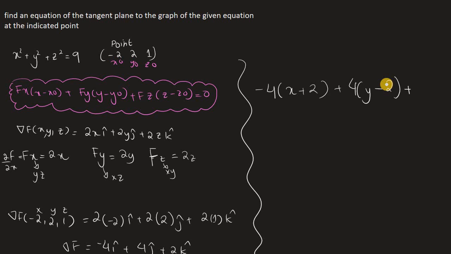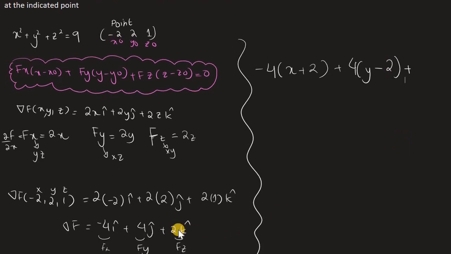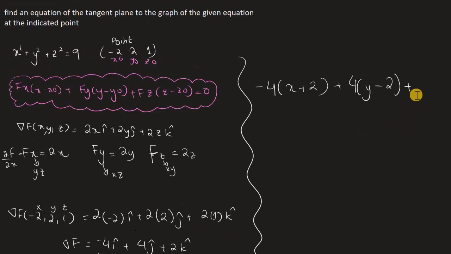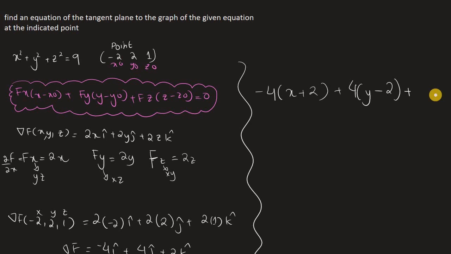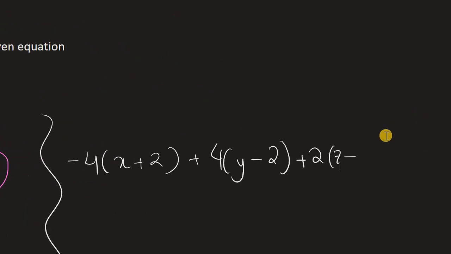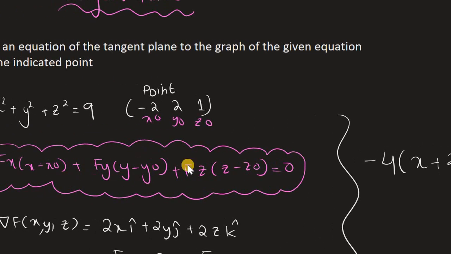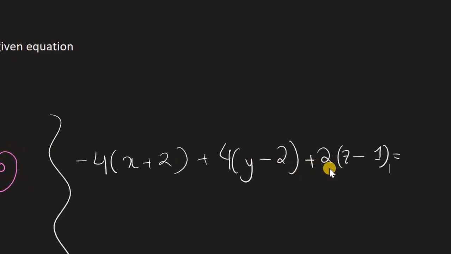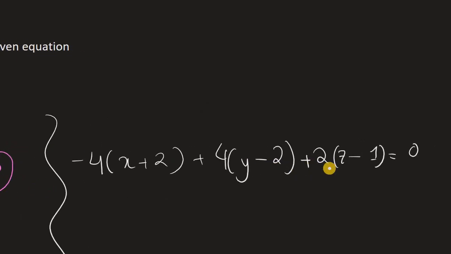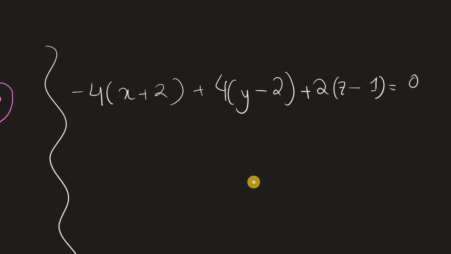And then plus f_z. What's f_z? f_z is 2. And then (z - z0). What's z0? That's simply 1, so we write 1 over here. And then we need to make the whole equation equal to 0. Making it equal to 0, now we simply have to simplify the equation to find the final answer.